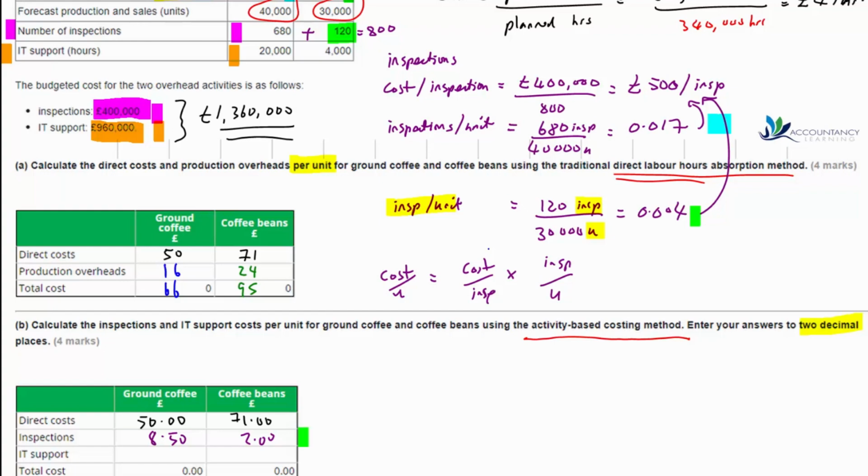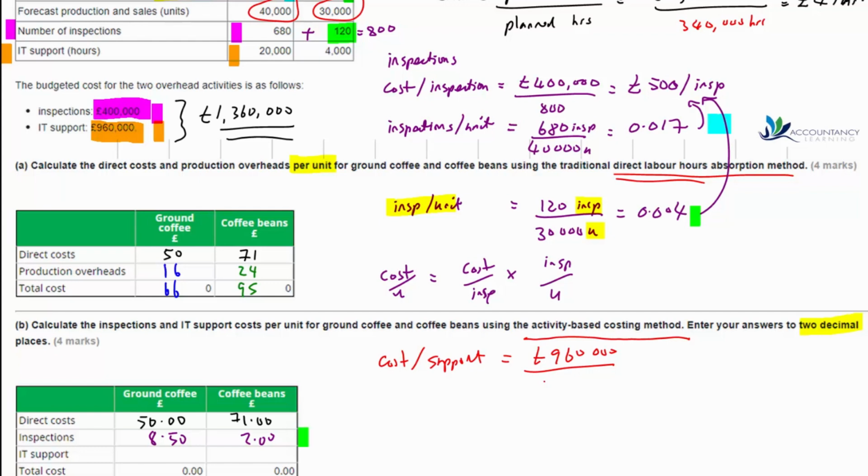Okay, so we need to do the same then for our IT support. So for our IT support, we need to think about what is our cost per support hour. So our total cost, we've got the 960,000 cost, and then we need to divide by the total number of hours.